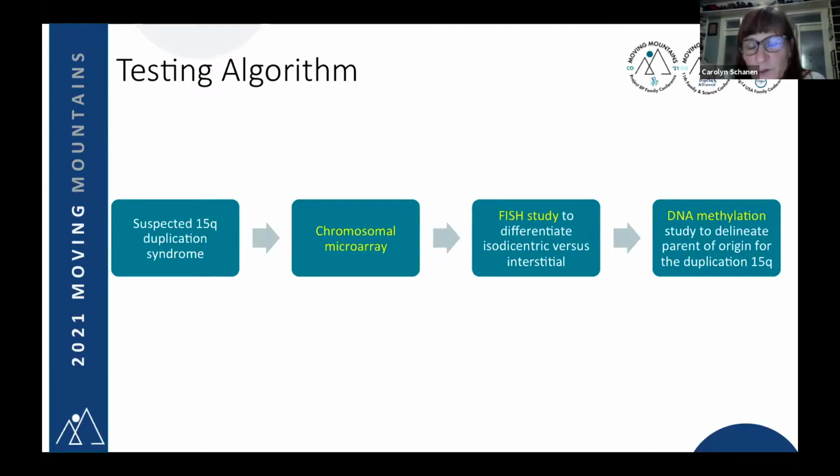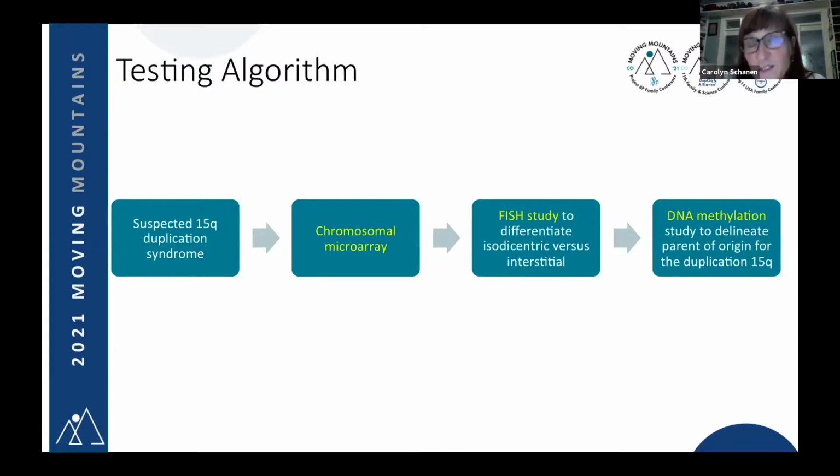And so I typically liked to check parental chromosomes just to be thorough and make sure there was nothing that was going to increase the risk, because otherwise the recurrence risk for an IDIC is low but not zero. And to be completely clear that there was not anything else that was going to change that risk, I wanted to check parental chromosomes.